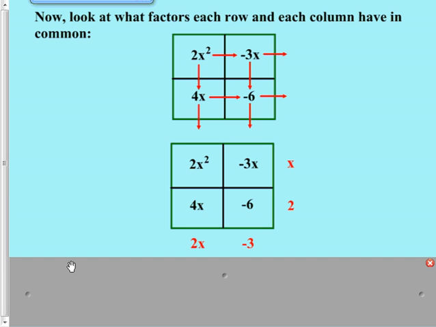Okay, so what you do is you will write your factors, the things that the rows and the columns have in common, just kind of write them out to the side of the rows and the columns of the boxes. Now, one little side note, on the right-hand column, we factored out a negative 3. How will you know if you're going to factor out a negative or a positive?